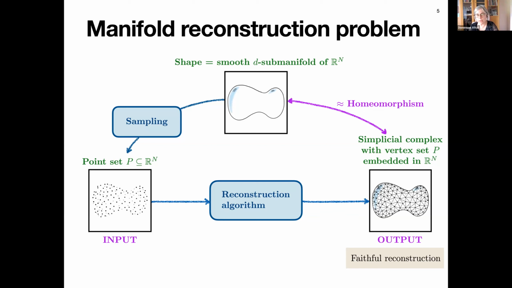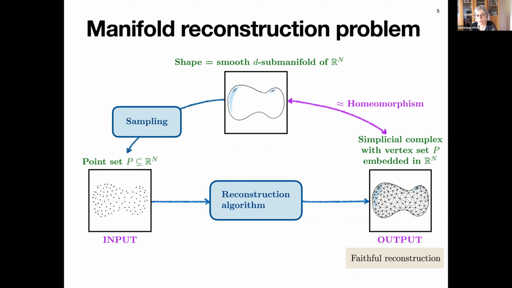And what we would like to construct is some simplicial complex whose vertices are going to be our data points, our points in P. We would like this simplicial complex to be embedded and to define a domain that will be homeomorphic to the shape. So this is what we're going to call in this talk a faithful reconstruction. So we would like the output to capture the full topology of the shape.